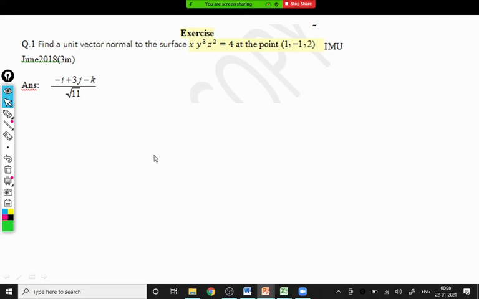Type 4, two surfaces are given as orthogonal and find the value of a constant. So there are only 3-4 types. All the remaining questions will be the repetition of that only. So let me do 2-3 examples of the exercise, and the remaining you can do as self-study.